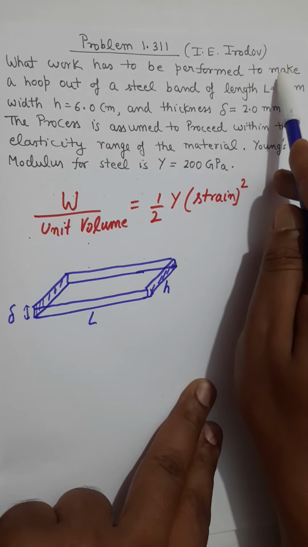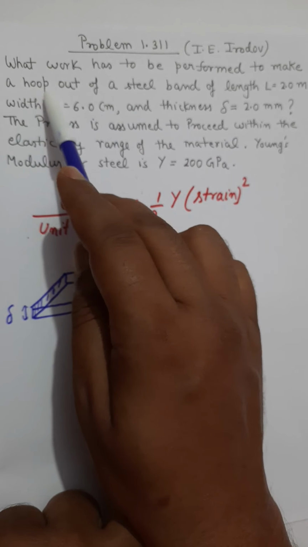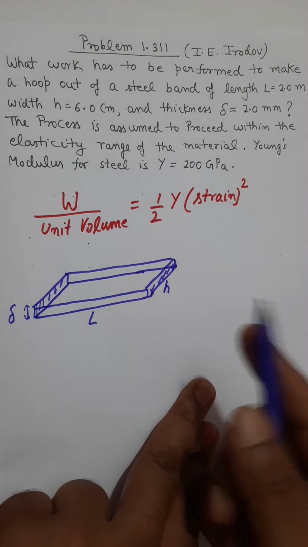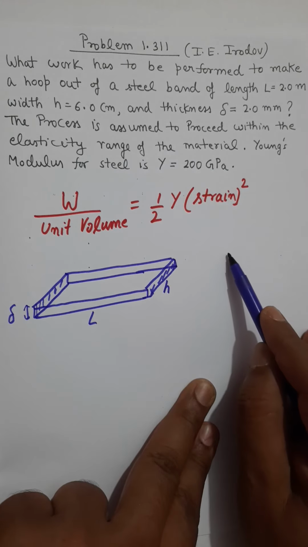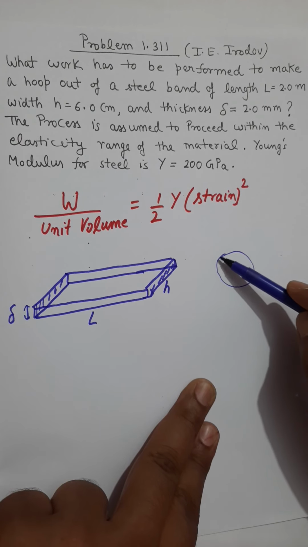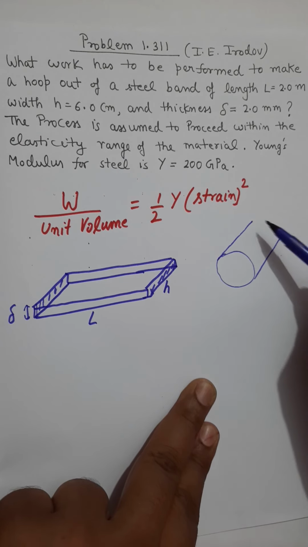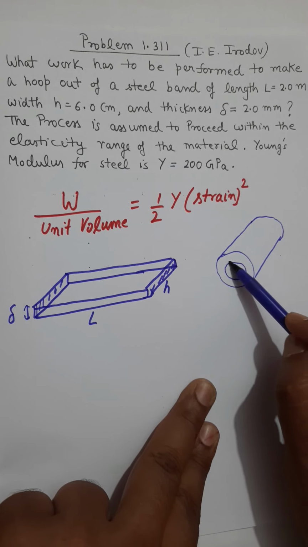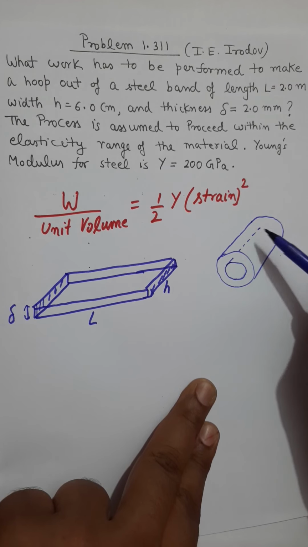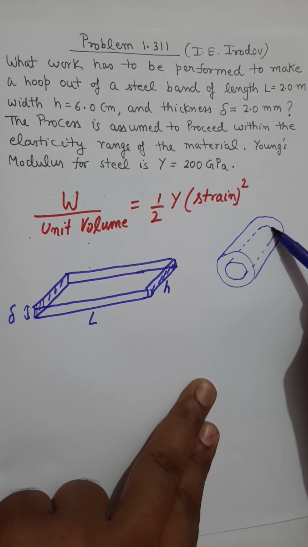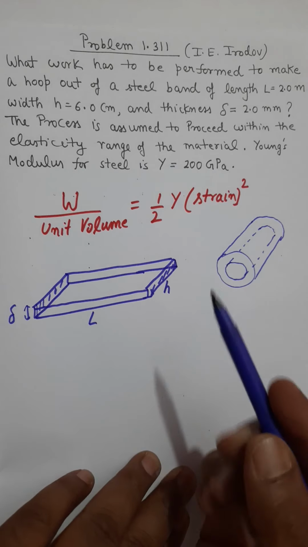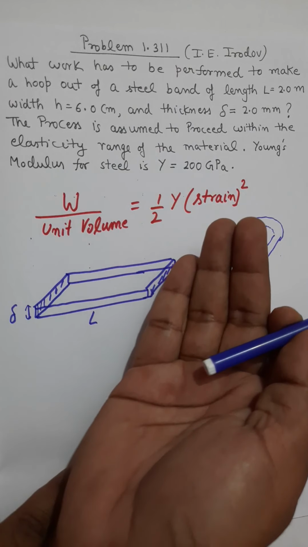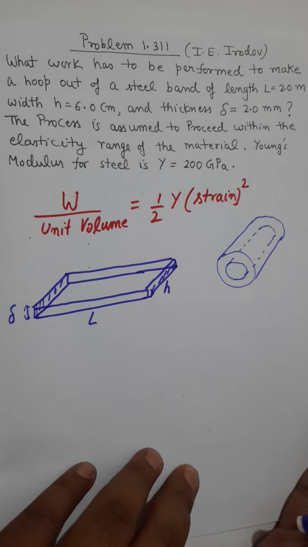And you want to make a hoop out of the steel band. Hoop out of a steel band means we will fold this and convert it into a cylindrical material, that is the hoop, just like this. If you start turning from this side, you will fold it just like you roll the carpet.